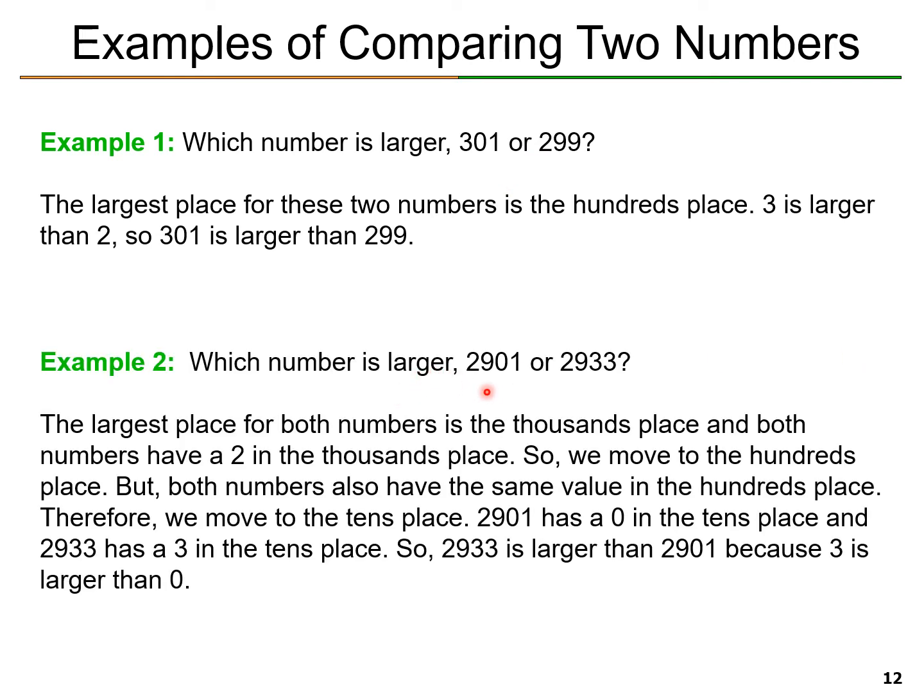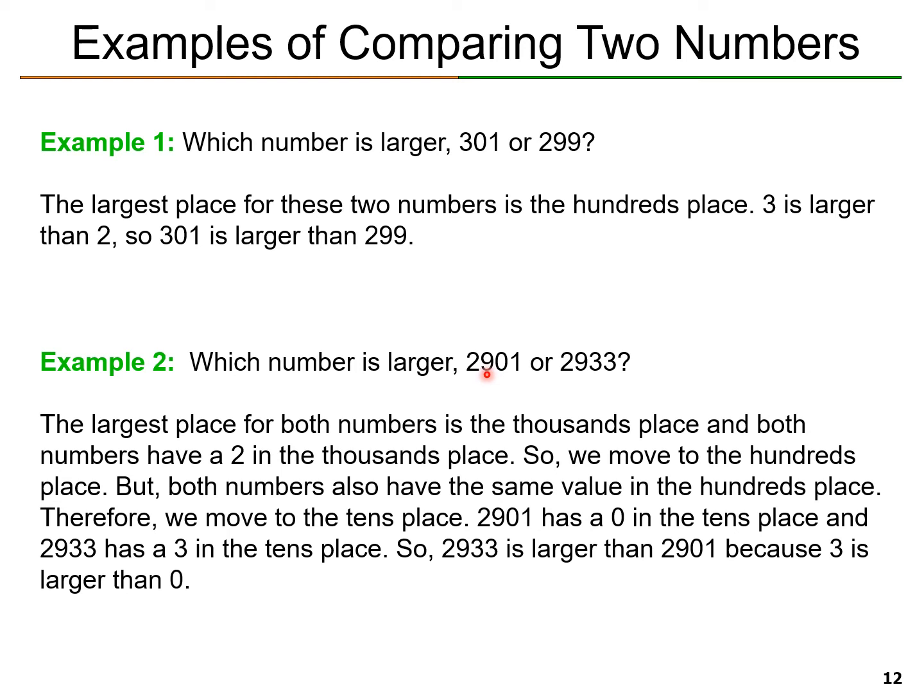Which number is larger, 2,901 or 2,933? So again, using our recipe from the previous slide, both of these numbers have the same digit in the thousands place. The thousands place is the largest place in both numbers. Because the digits are the same, we go to the right, the next largest location.